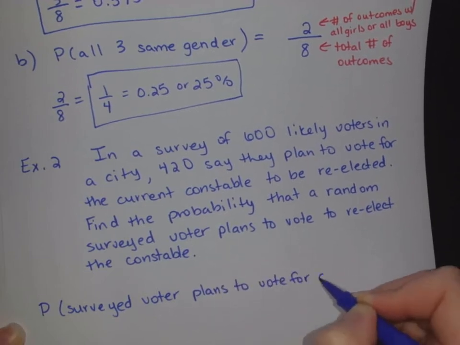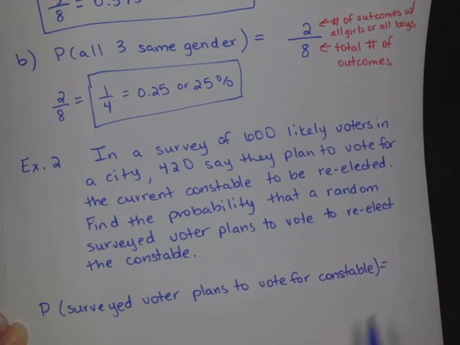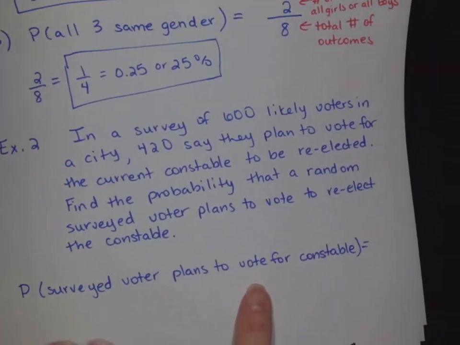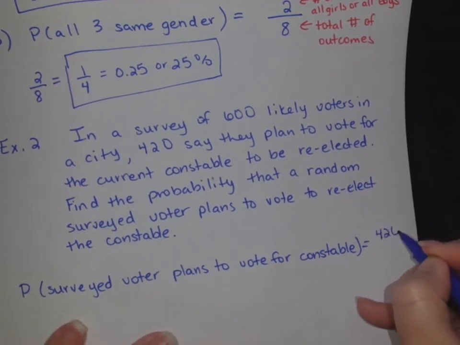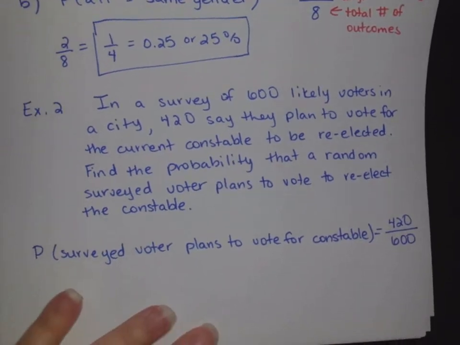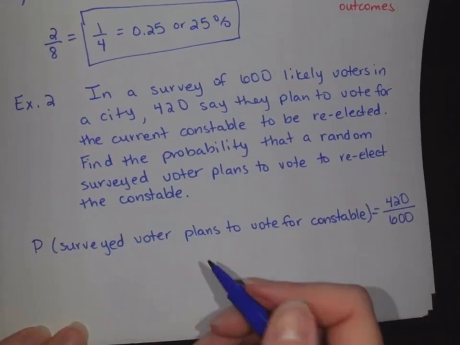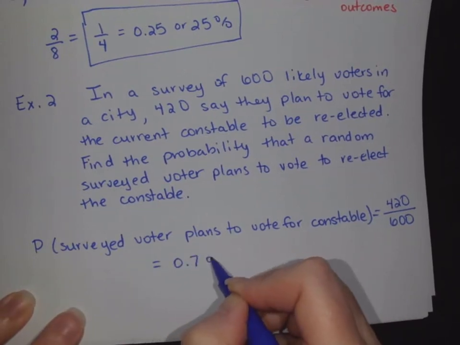So notice this time the event description is kind of long, but we're using our P of whatever notation. Okay, and so the probability is the number of cases that said they voted for him over the total number that were surveyed. And so this comes out to be 7/10 or 0.7 or 70%.